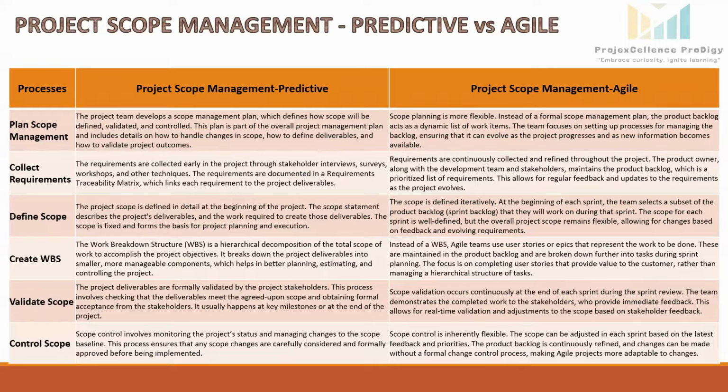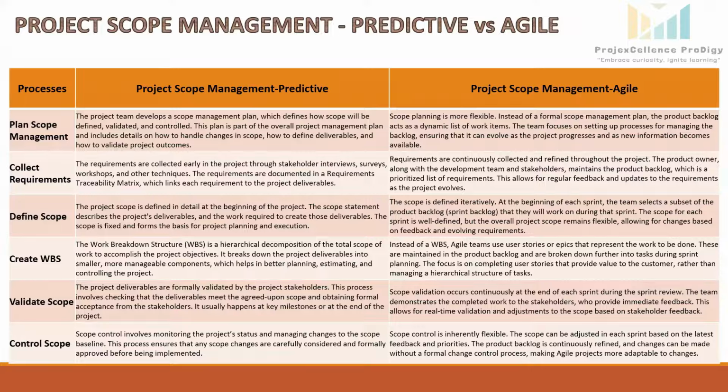Second process is collect requirements. In predictive, requirements are gathered at the start of the project through various methods like interviews and surveys. These are documented in a matrix that tracks each requirement against the project's goal.